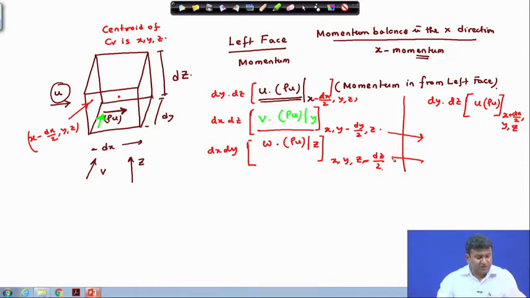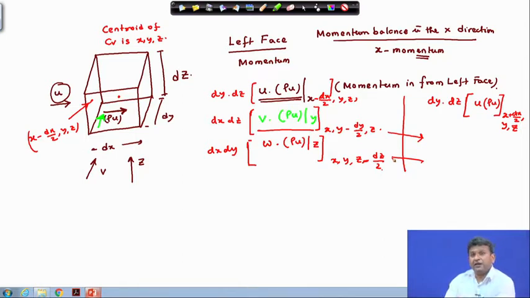So, now if you subtract these individual terms, you can get an idea about the net x momentum that is entering the control volume due to the three components of velocity. That is the most important thing.